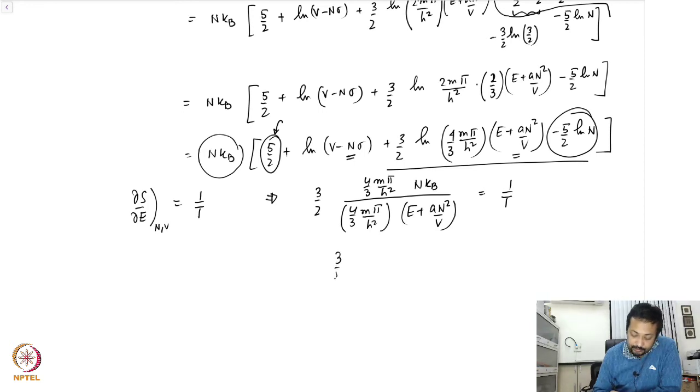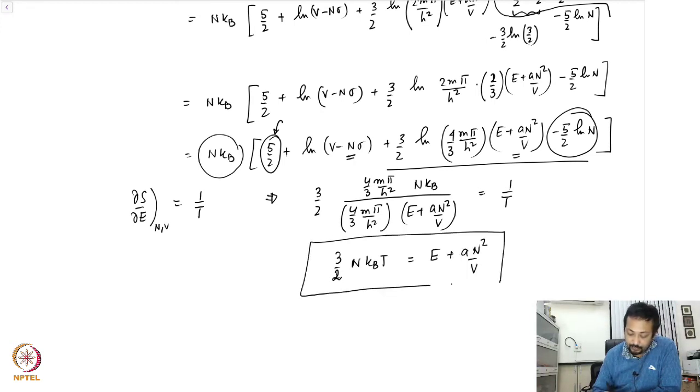So that 3 by 2 n kB T is E plus a n square over V. Right?